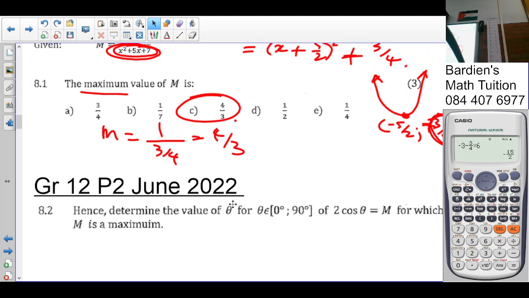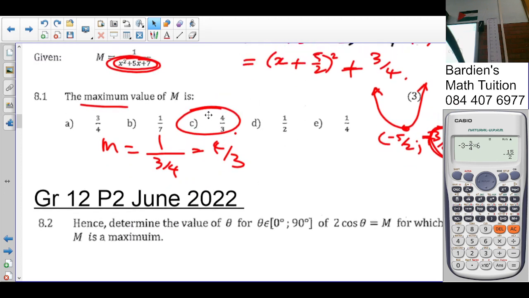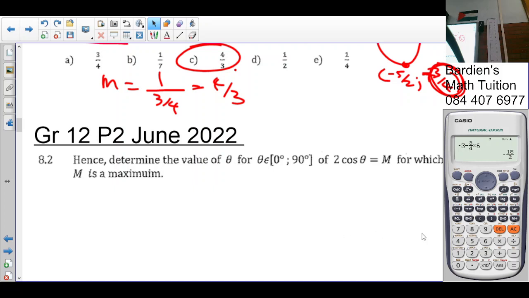And then the last question says, hence, that means to substitute my previous answer, which I've selected here, determine the value of theta, for theta an element of 0 to 90, if 2 cos theta equals m, for which m is a maximum. Our m value is of course 4 over 3. So in other words, I must calculate the value of theta. So if 2 cos theta is equal to 4 over 3, I divide both sides by 2.